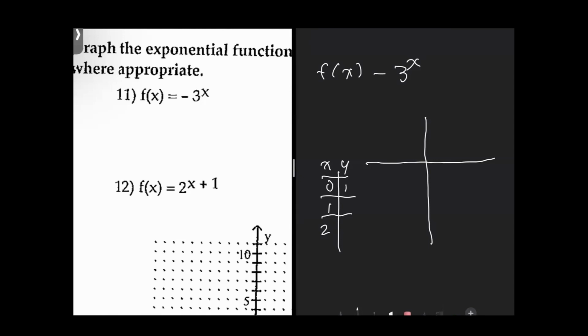So we got a point at (0, 1). And negative 3 raised to the 1, negative 3 will stay the same. So x to the 1, negative 3 to the 1 power is just negative 3. So 1 and negative 3.